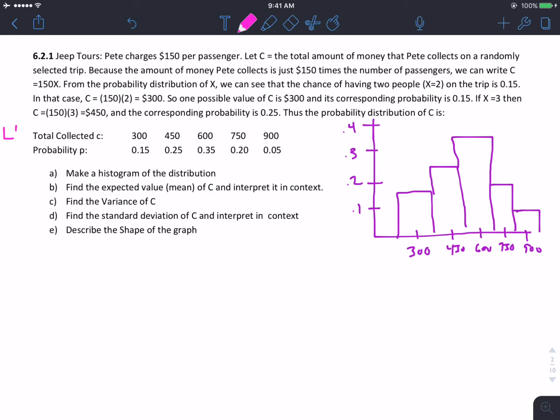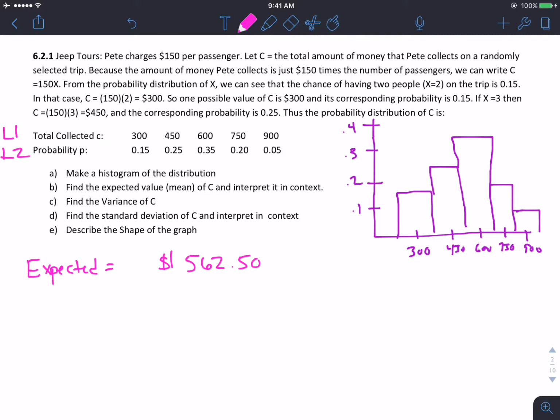So as we know, we enter that in L1 and L2, and if you were to go ahead and calculate that, we get our expected value, and more importantly, what does that mean in context?